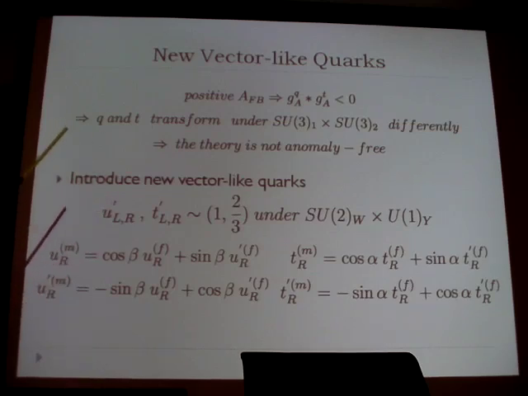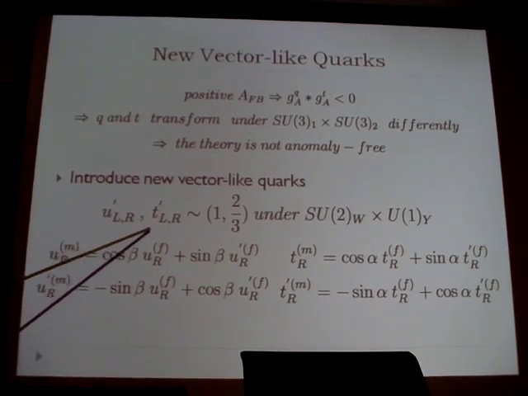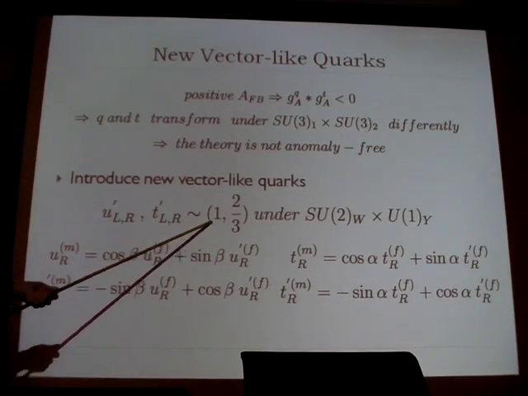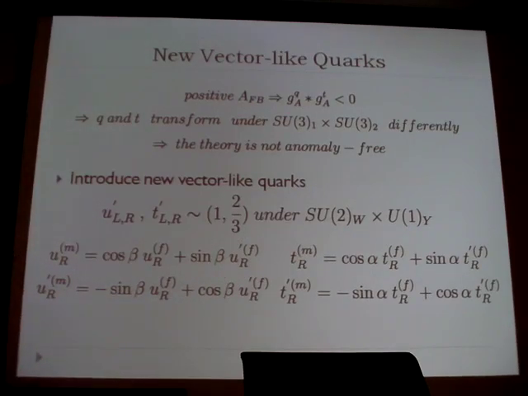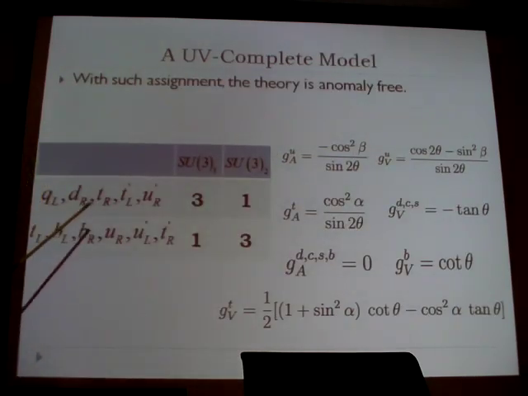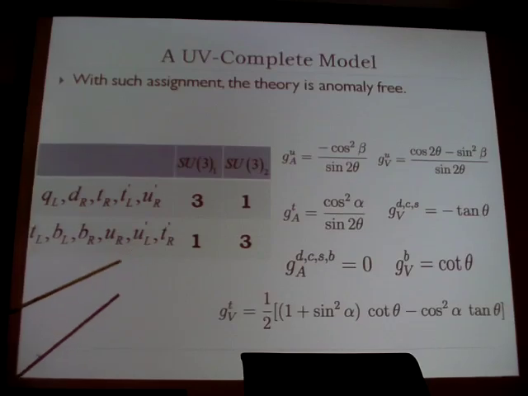So in order to cancel the anomaly, we introduce two new particles which transform like the right-handed top quark under the electroweak gauge group. And with the new vector-like quarks, we assign their transformation properties like this under the new gauge group.